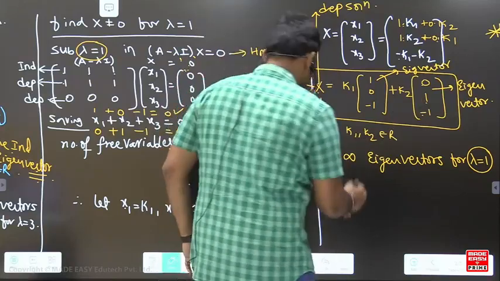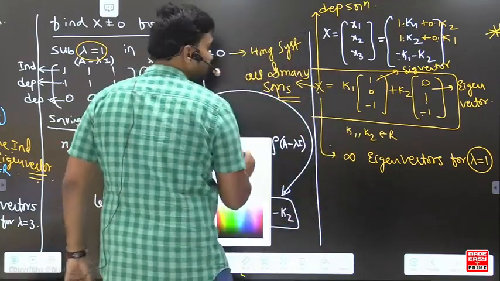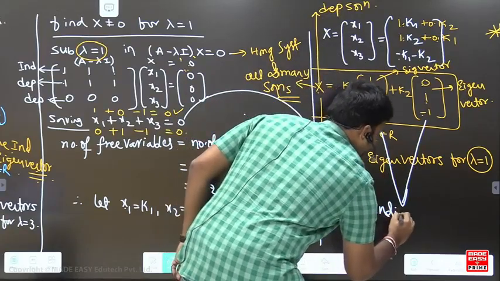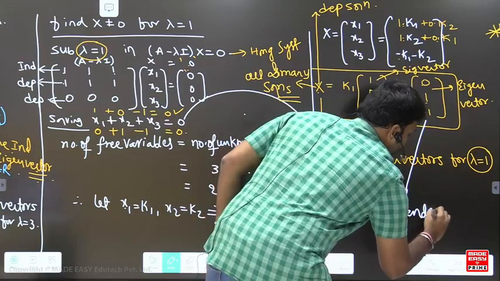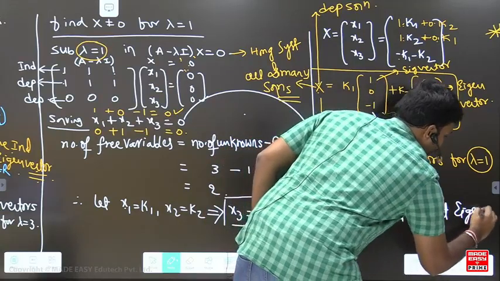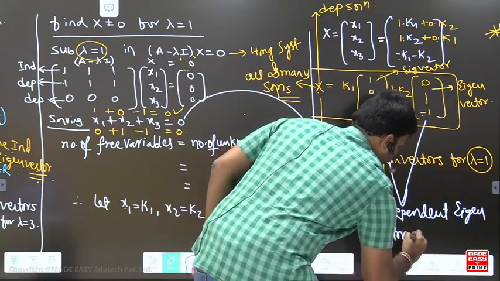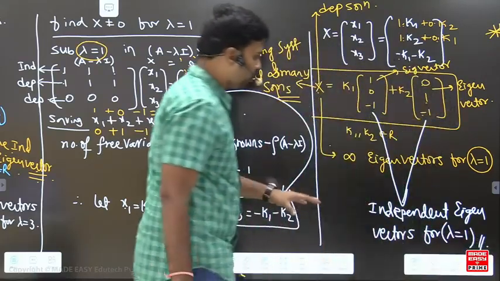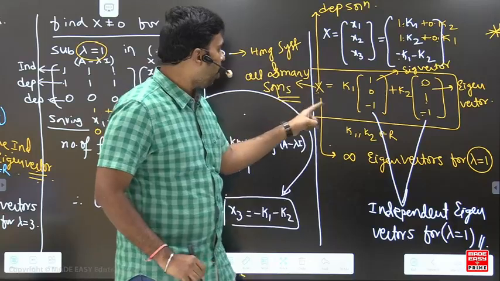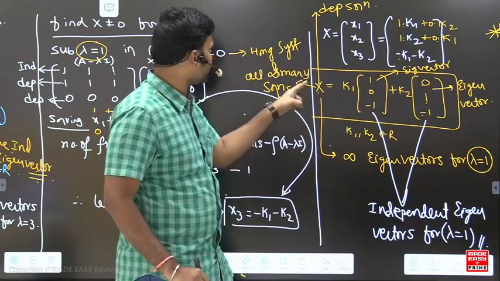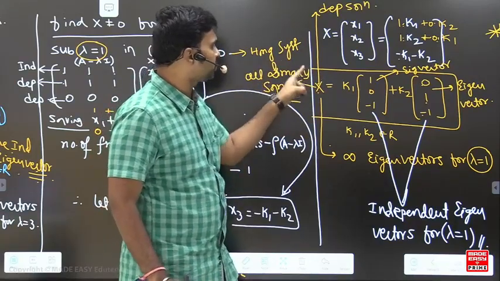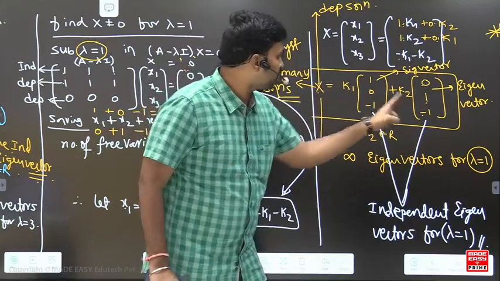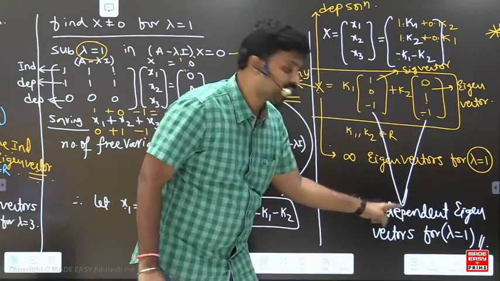So that means I can say very, very clearly that these two are the independent eigenvectors for lambda is equal to 1. So it is very clear. So all the eigenvectors, or all the infinite eigenvectors, are generated by the linear combination of these two independent eigenvectors.